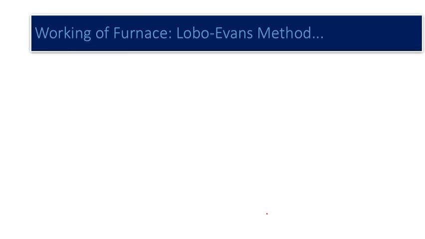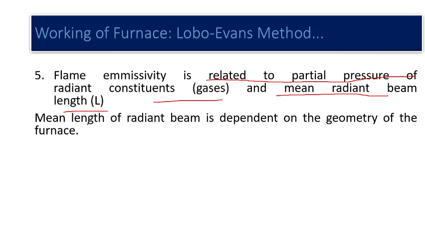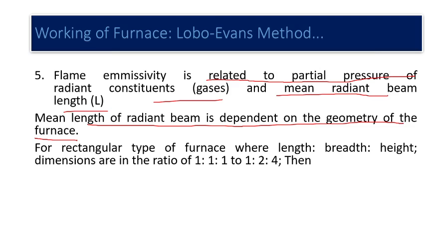Then the fifth one is that the flame emissivity is calculated, and it is related to the partial pressure of the gases present in the radiant section and the mean radiant beam length. What is the meaning of mean radiant beam length, L? How can it be calculated? The mean length of the radiant beam depends on the geometry of the furnace, whether it is cylindrical or box type.